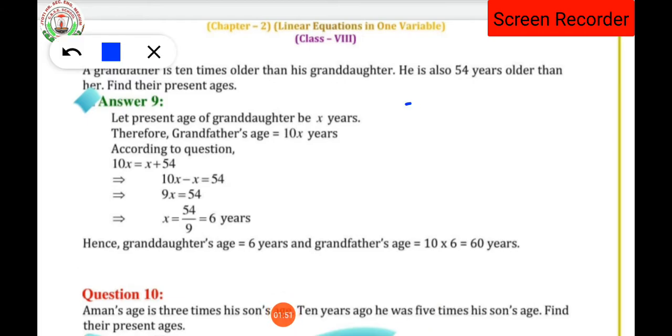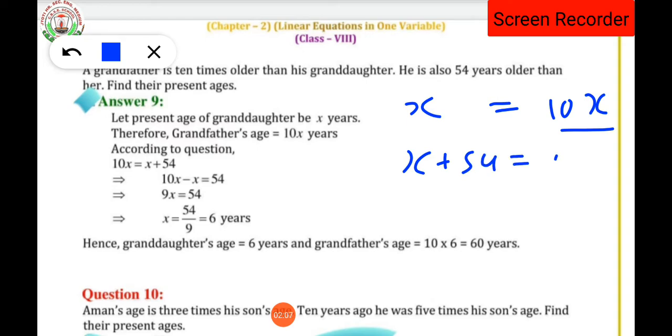If granddaughter's age is x and grandfather's age is 10x, then 54 years older than her means x plus 54. Have you understood?